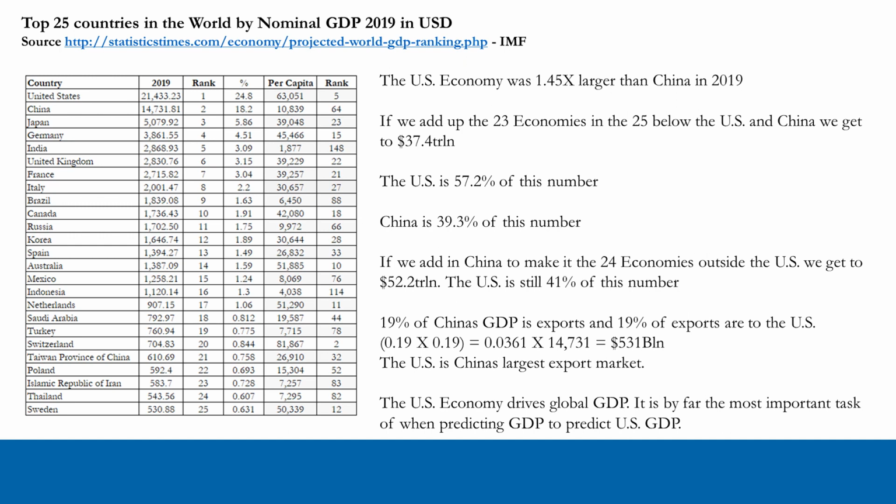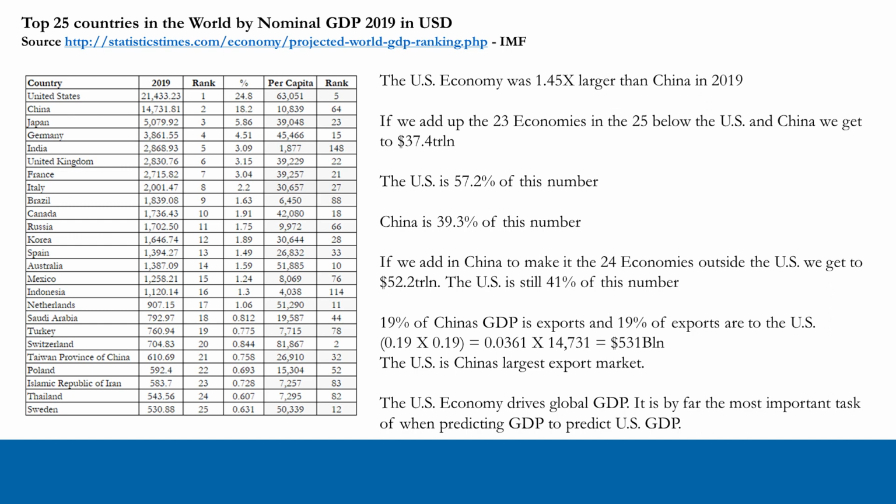We get to $37.4 trillion. Okay. So the United States is 21.4, China 14.7, and the rest is 37.4 trillion. The US is 57% of this number. Okay, it's still 57% of all of those economies added up. And China is just under 40% of that number.